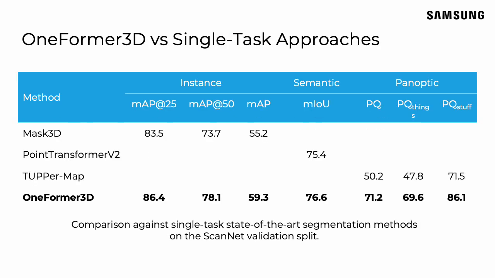OneFormer3D outperforms single-task approaches on ScanNet, ScanNet200, and S3DIS benchmarks. Besides, OneFormer3D tops the ScanNet test leaderboard. Here, we report results on the ScanNet validation set, where OneFormer3D consistently improves all the metrics with respect to the previous state-of-the-art.